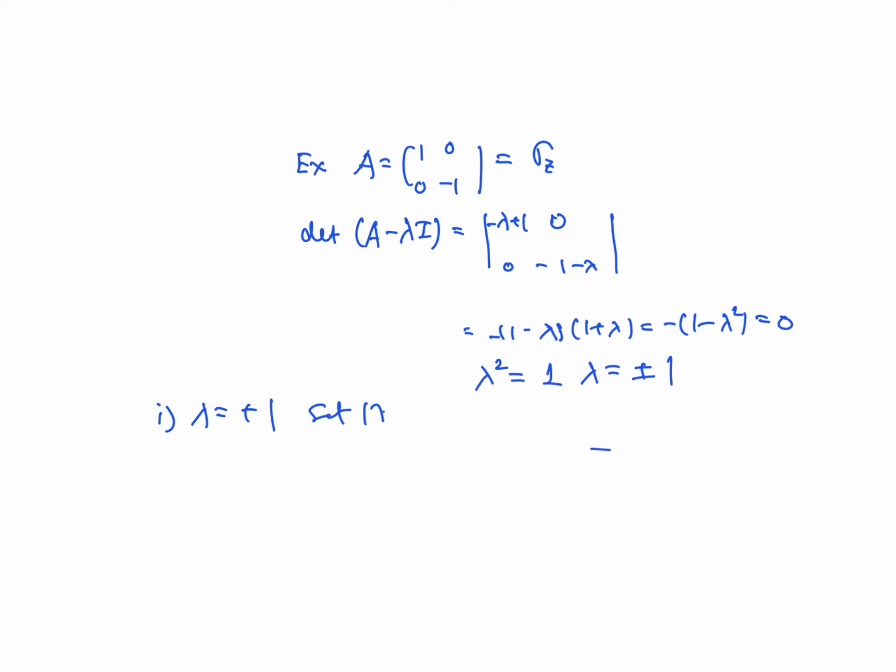Set lambda 1 as (A, B). Let's go back to (A, B) again. So the matrix [[1, 0], [0, -1]] acting on (A, B) equals (A, B).